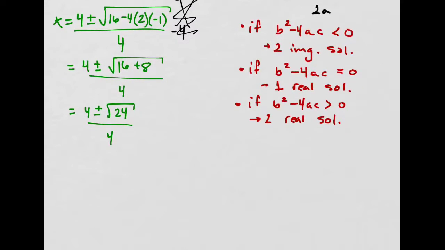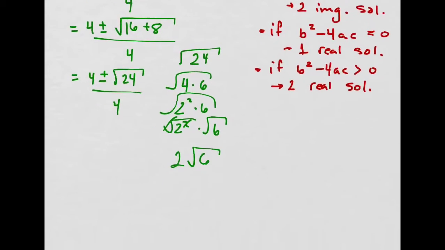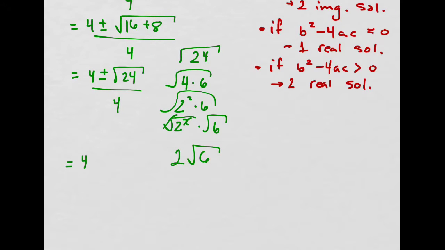So again, I'm going to reduce this radical, right? The square root of 24 would be 4 times 6, which is 2 squared times 6, which is 2 squared times the square root of 6, and that goes away. So I got 2 root 6. So this is 4 plus or minus 2 root 6.